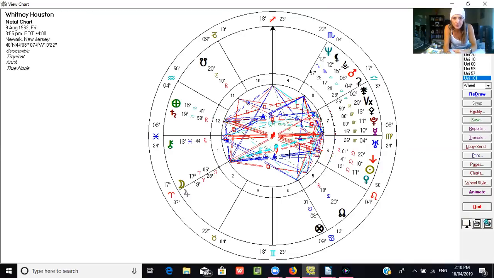Remember, Saturn in the 12th house brings up a lot of anxiety in people. So as that went on, the pot sort of turned into heavier substance usage.